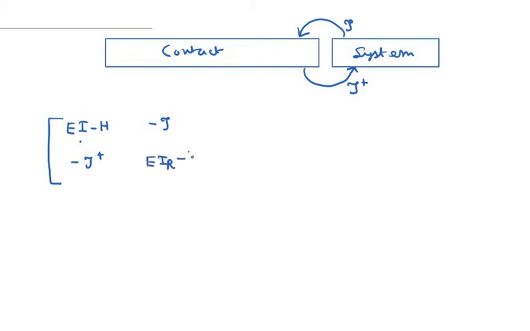EIR minus HR, and then psi here, where psi is the wave function of the system, and we denote the wave function inside this contact by phi.